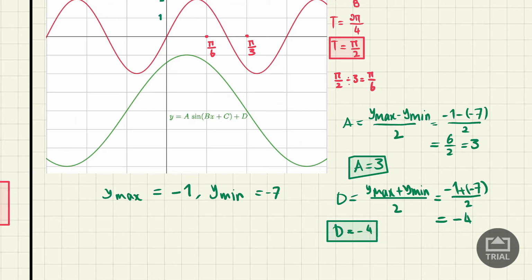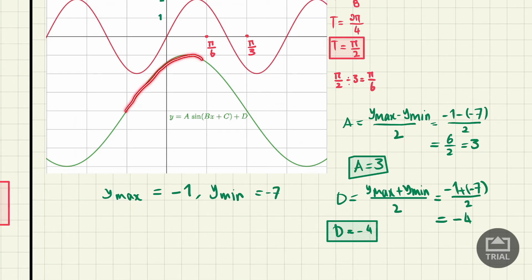B is related to the period of the function. So what is the period here? Pi over 6? No, that's also a little bit tricky. Wasn't it pi over 2? Yes, the green period is like 2 periods of the red. So how do you know that? So the period you need to understand.